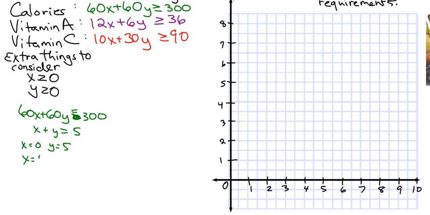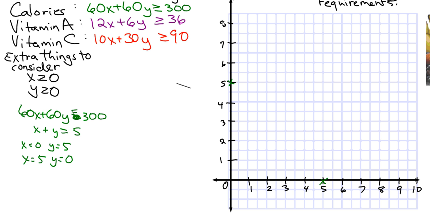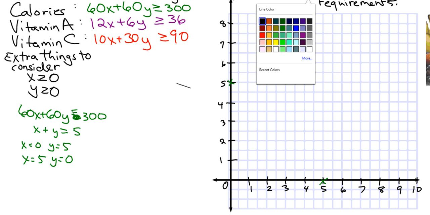If x is 5, y is 0. So an easy way to pick a couple points to plot. I've got 5, 0 and 0, 5. I'll draw in my line. It's a solid line because it was greater than or equal to. And I'll make it green.